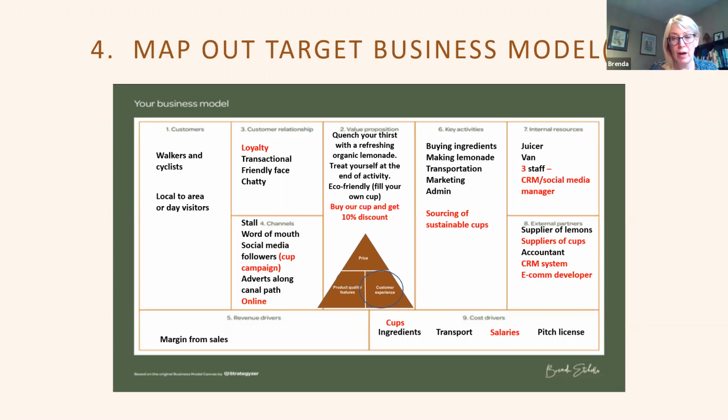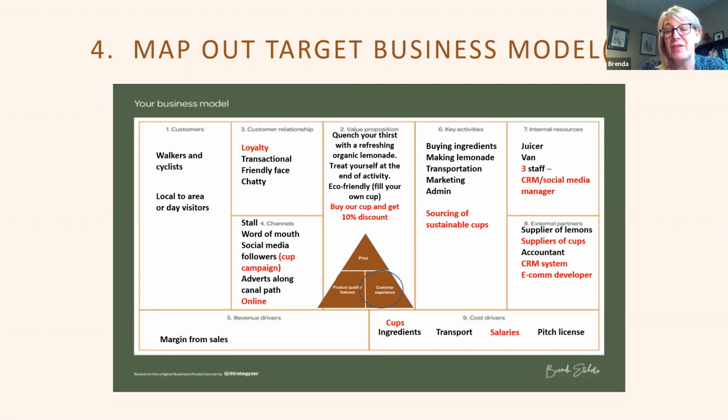And if you have one of our cups, you then get a 10% discount on the cost of the lemonade. So I'm trying to move that relationship more away from transactional to one of customer loyalty. And we could hopefully use the cups in some sort of social media campaign as well, and get some influencers out there who are taking pictures of the cup in different scenarios.